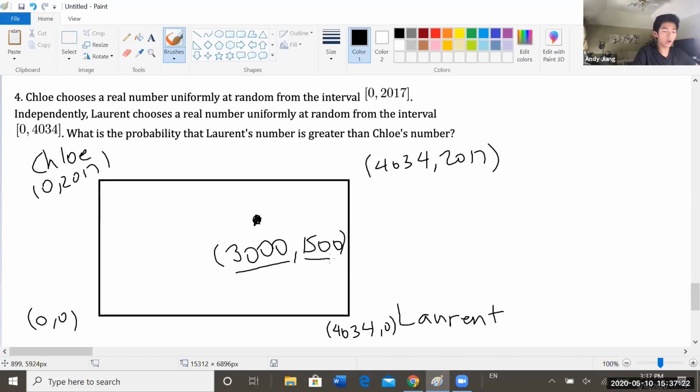So my x value is always going to represent Lauren's number, and then my y value always represents Chloe's number. Another example is if I chose this point right there, that just means that Lauren chose 4034 and Chloe chose 2017. So I'll get rid of that.